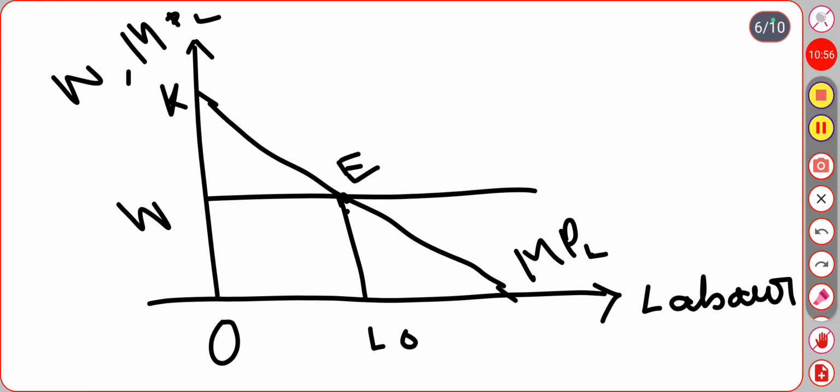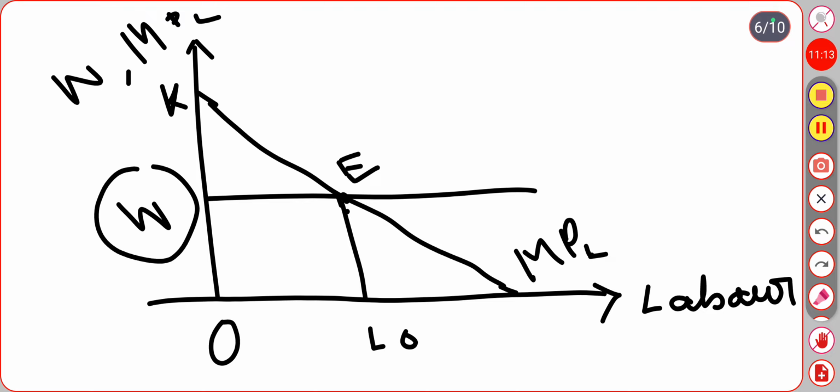With fixed capital, the marginal productivity of labor curve goes up to this, and the supply of labor is L0 and the wage rate is W.